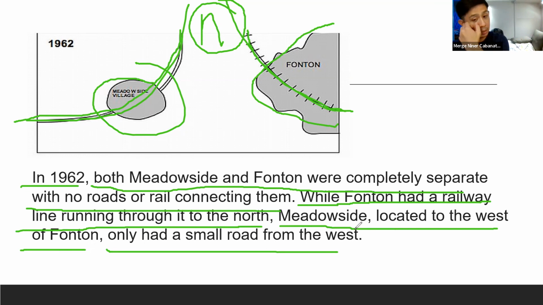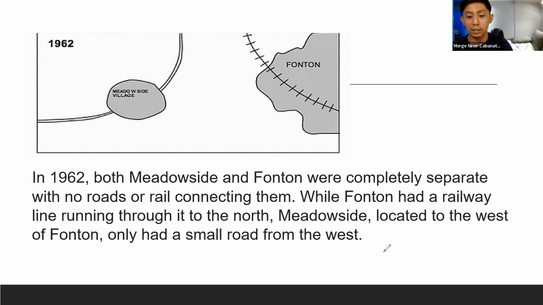You can remove the "from the west" here. Let's remove this. Meadowside, located to the west of Fontan, only had a small road. That's it. That is your 1962.